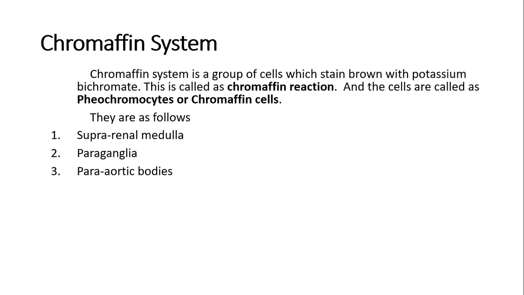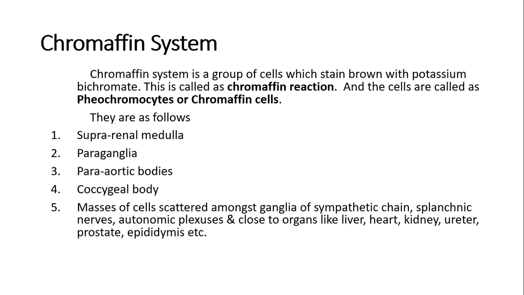Within the para-aortic bodies, we can see these chromaffin cells, as well as in the coccygeal body. They are very small bodies, but they are still present in some important areas. Then there are masses of cells scattered among ganglia of the sympathetic chain, splanchnic nerves, autonomic plexus, and close to organs like the liver, heart, kidney, ureter, prostate, epididymis, etc.